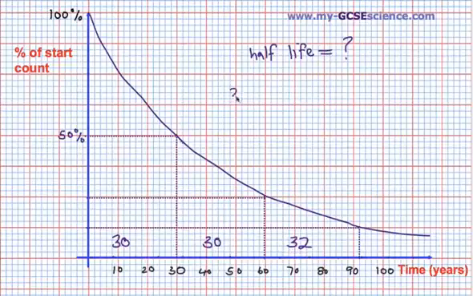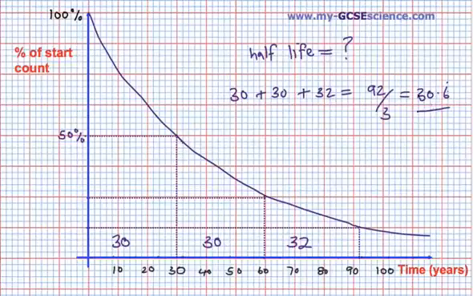But we got 30 plus 30 plus 32 equals 92, and you would divide that by 3 to get the half-life. So that would be 30.6, I think, around about 30.6 recurring. So we could say the half-life for this seems to be pointing towards 30.6. Maybe we could round it up to 31 years. So that's how you calculate the half-life if you are given a graph.